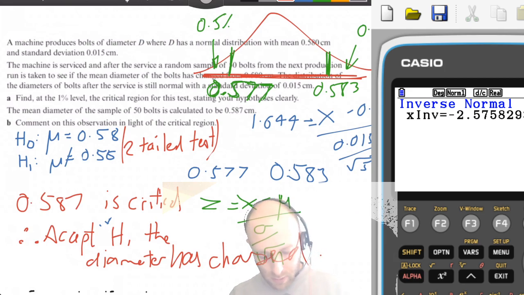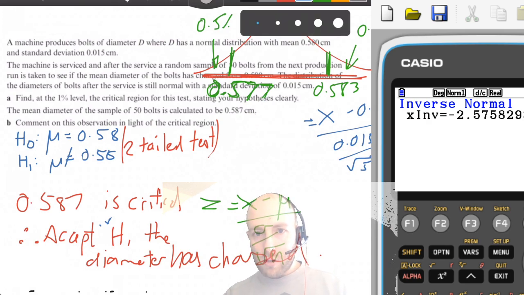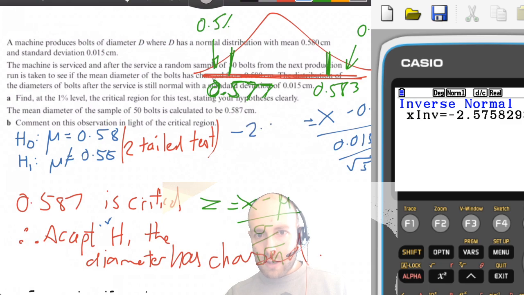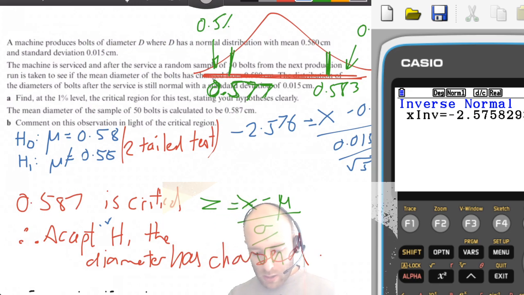Okay, that might change things then. Let's quickly redo this then. Just the last bit. So Z there should be minus 2.576 times by... So we do get a much smaller value for our lower one.